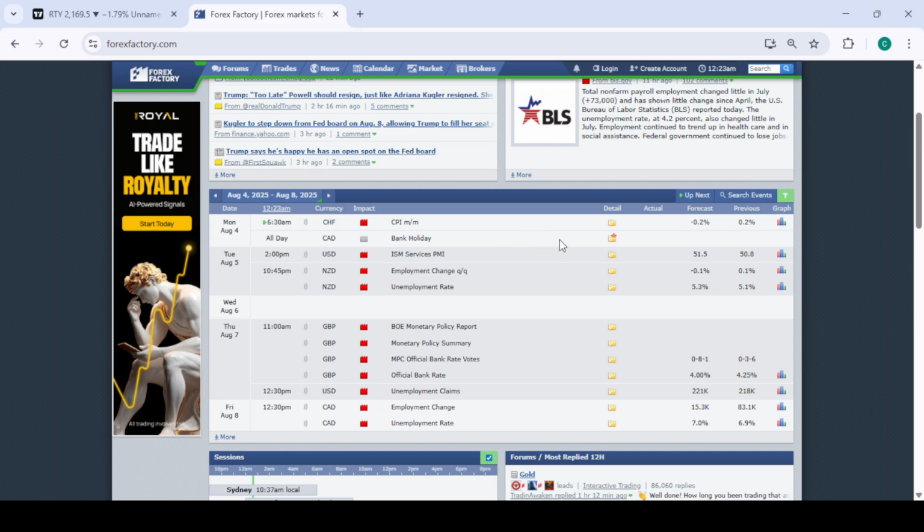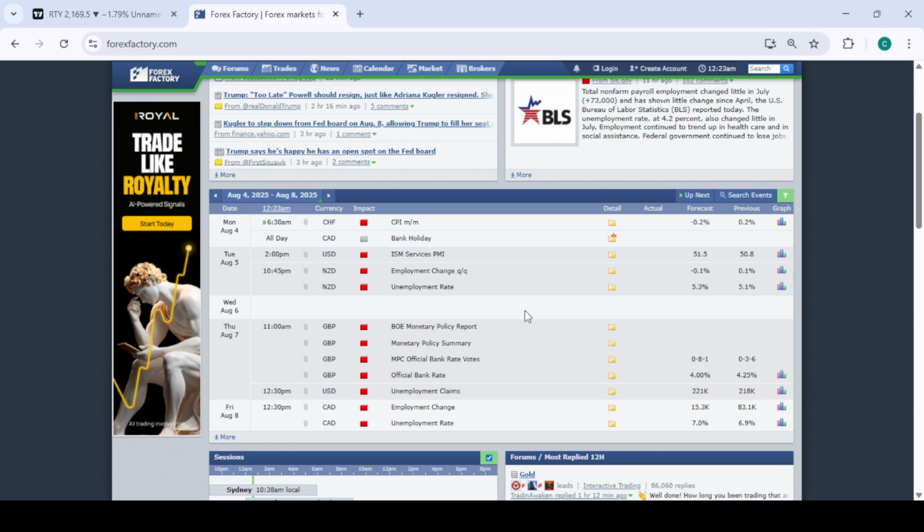So it's a bank holiday for Canada. And then on Tuesday there's an ISM services PMI for the USD, and the same Tuesday, right after market opens in the night or the Asian session, we have the employment change and unemployment rate for the New Zealand dollar.